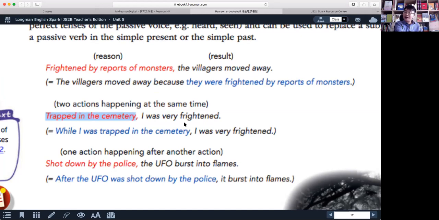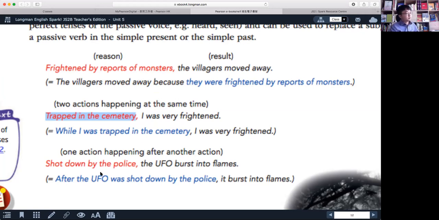If it is an active verb in the old sentence, use a present participle clause. If it is a passive verb in the original sentence, use a past participle clause. Okay, understand?